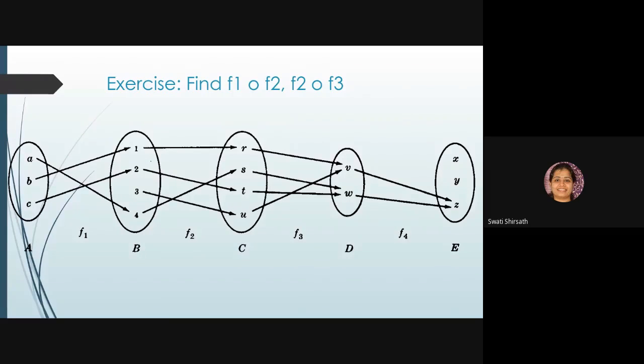Is it possible to find f1 of f2? Yes. Okay, tell me.